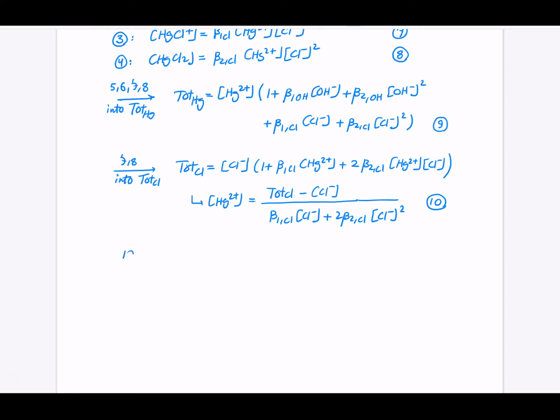So mathematically speaking, this could be solved by, for example, equation 10 into 9. What happens is then we have Cl minus as a function of known parameters.